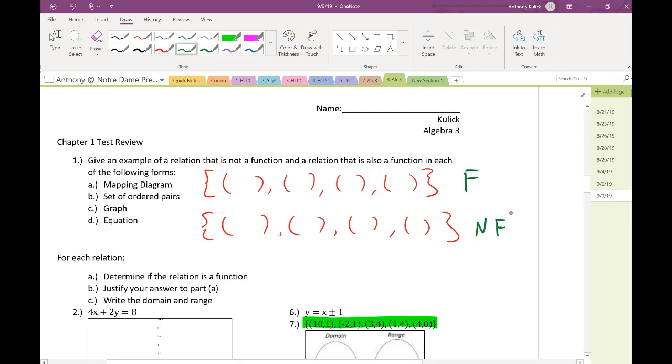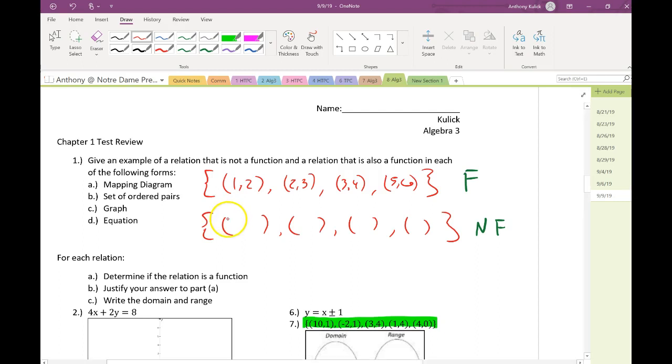So let's say the first one that we'll list will be the function, the second one will not be a function. When listing the first one, what do I have to make sure that I'm careful about if I'm writing a function? Don't repeat any x values. Does it matter if the y values repeat? No, that doesn't. So I can just pick whatever x values, right? Everybody's okay with that?